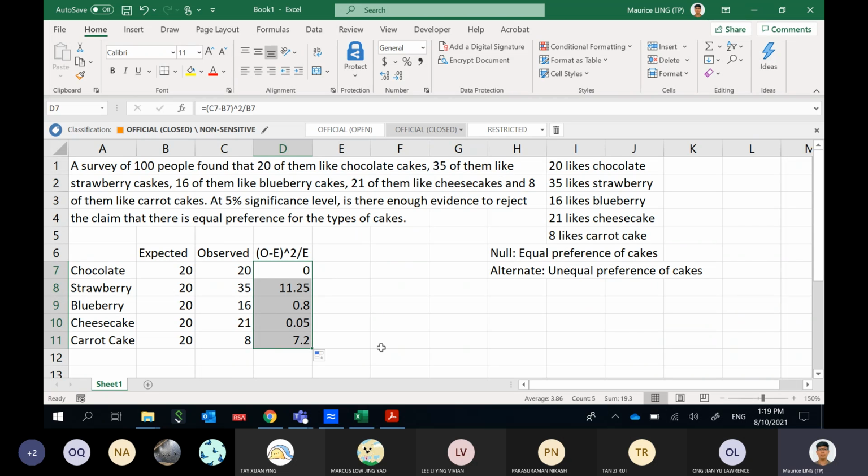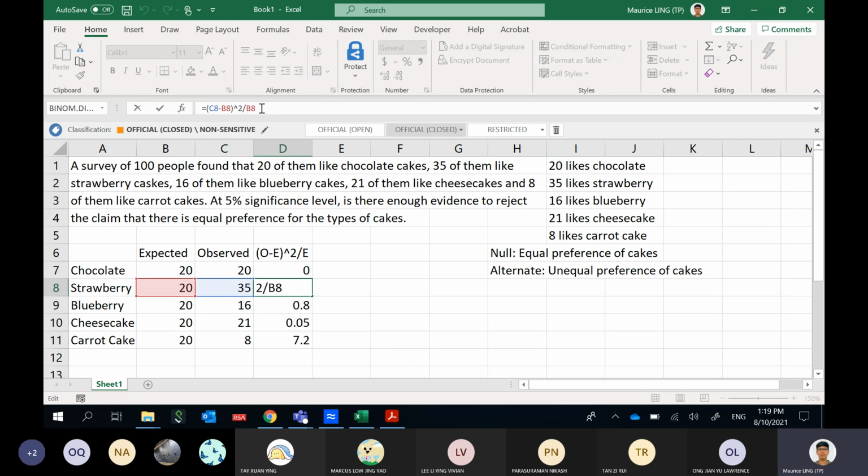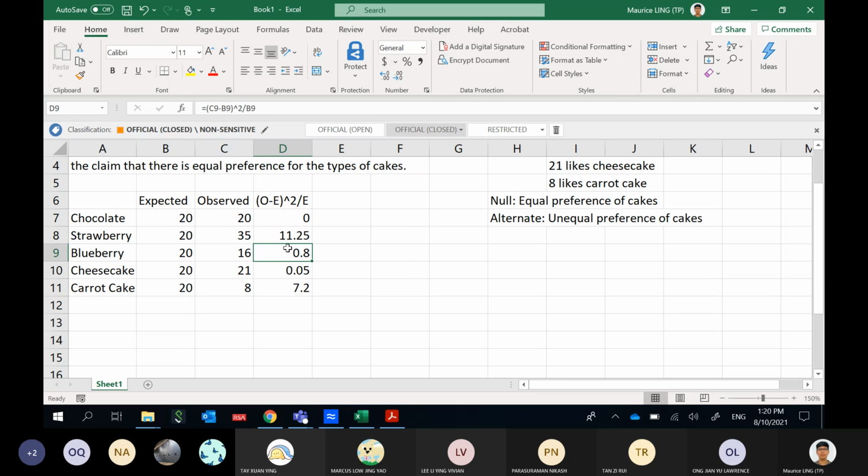So you end up with something like that. Everyone is the same. Observed minus expected squared, divided by expected. It's called chi-square because the numerator is squared. Okay. So far you got all these numbers.